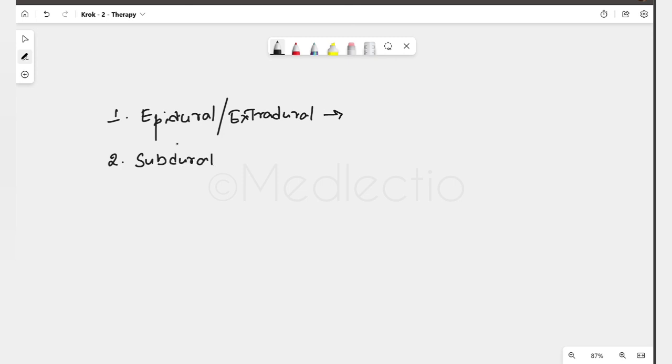You can tell from the name: extradural is outside the dura, subdural is inside the dura. It is a hematoma. It is also a hematoma.